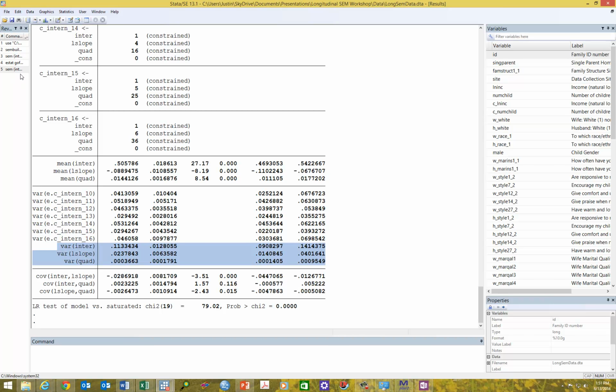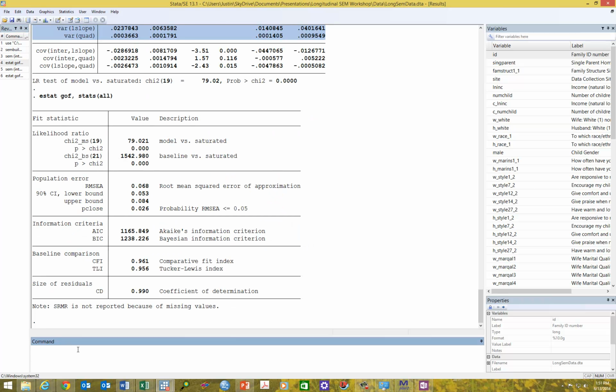Now let's look at our goodness of fit statistics. I'm going to go back here and re-click on estimate our goodness of fit statistics and see what these look like. You can see now our RMSEA is really not too bad at all. 0.068, that's a little bit higher than ideal, but that's still pretty good. And our CFI is now 0.96.